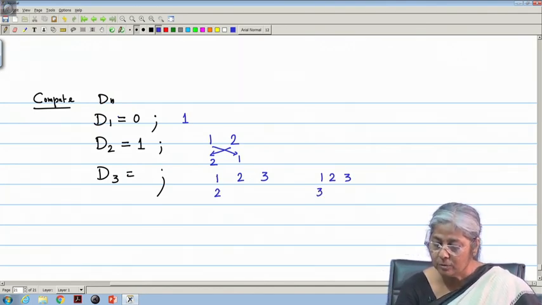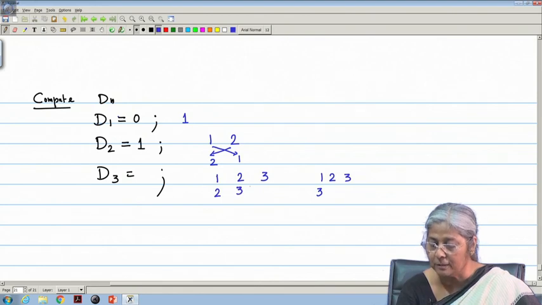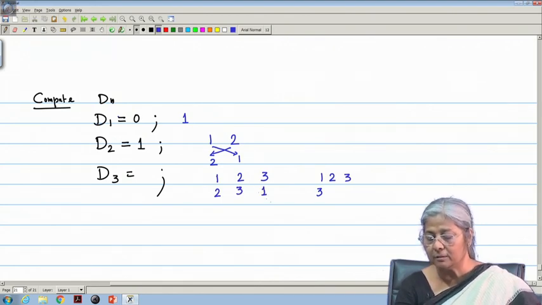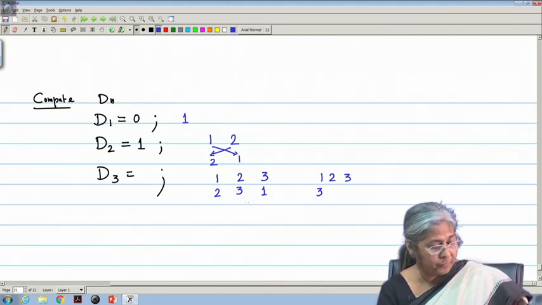If 2 comes, then 1 can come here or here, but I cannot put 1 here, because then 3 would be in its own position, and that is not the definition. So, I must put 3 here, so that everyone gets a different place.